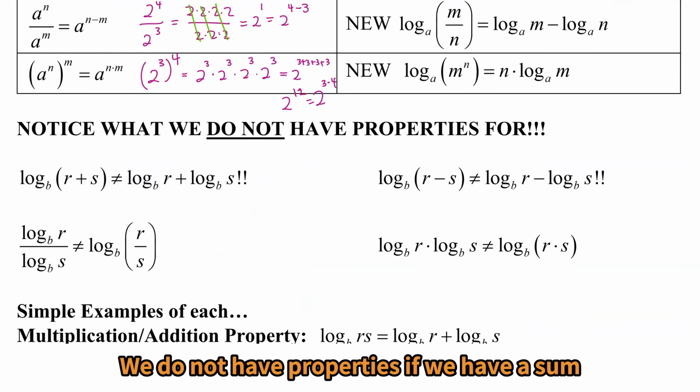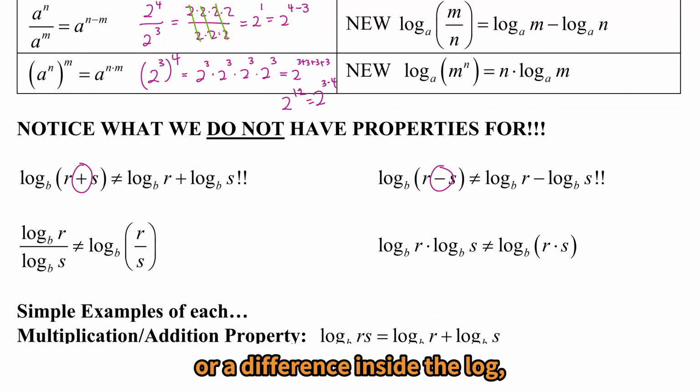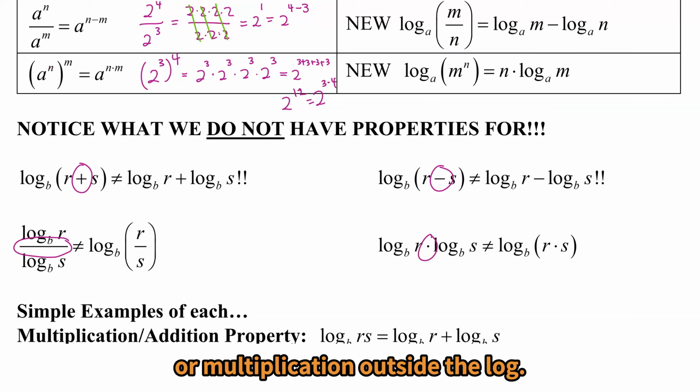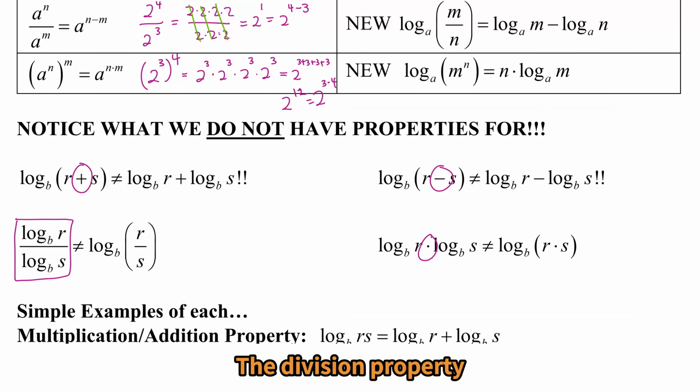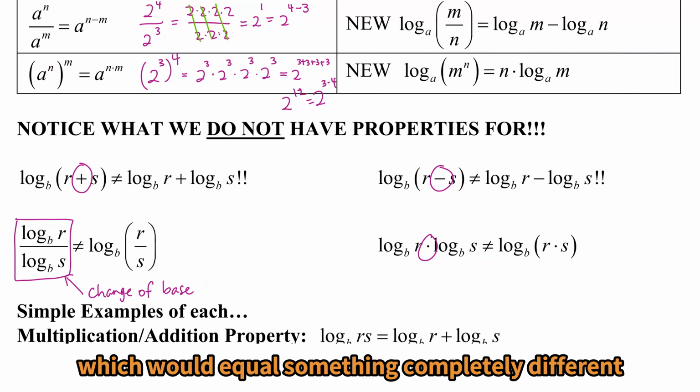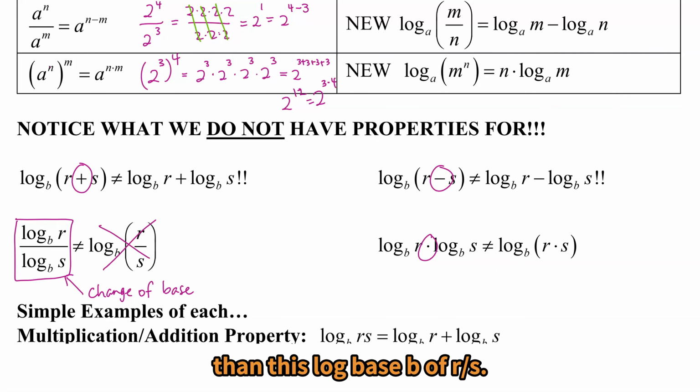We do not have properties if we have a sum or a difference inside the log. And we do not have properties for division or multiplication outside the log. The division property here is our change of base formula, which would equal something completely different than this log base b of r over s.